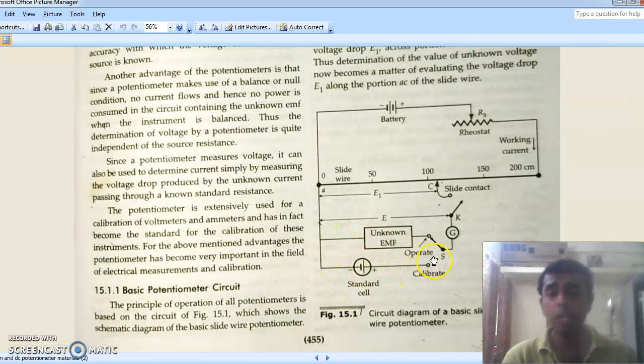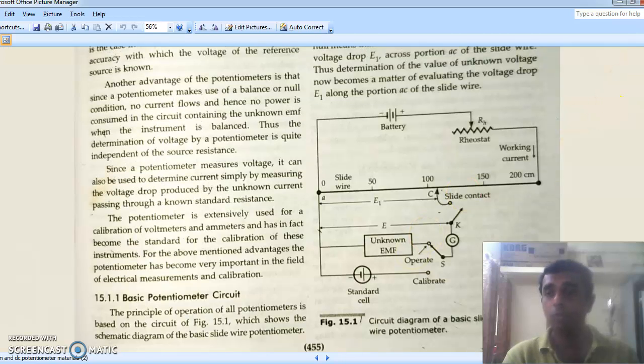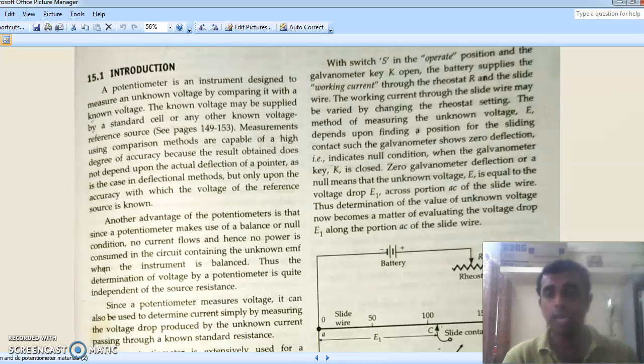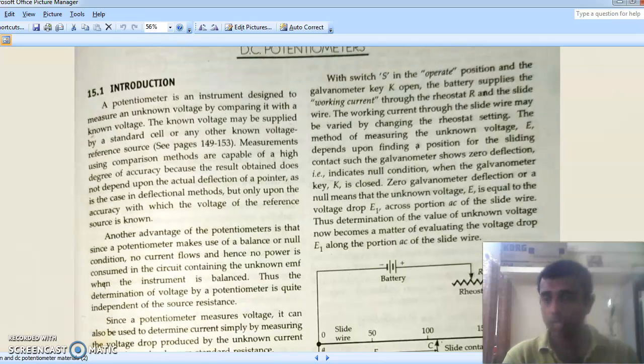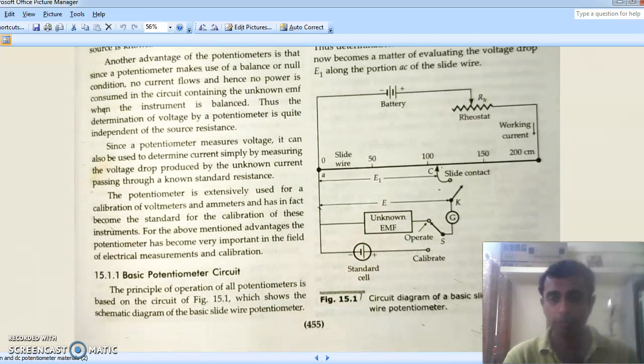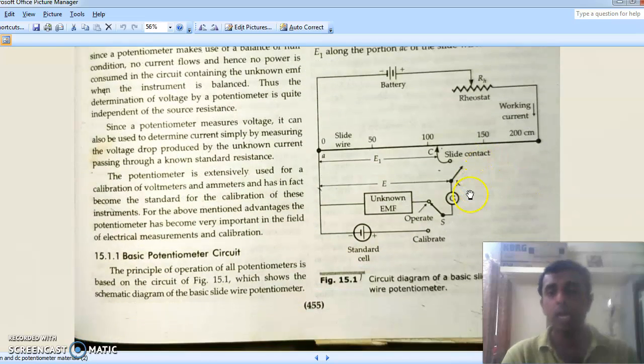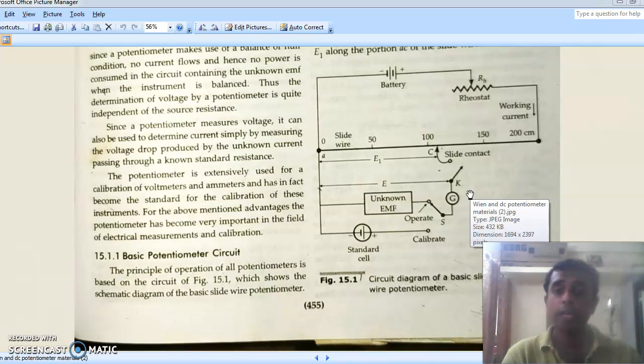While we keep this switch in the calibrate position, instead of the unknown EMF we have the standard cell connected to the DC potentiometer circuit, and we know that the standard cell has a voltage of 1.0186 volt. For standardization, I told you that per centimeter there is a 1 ohm drop.